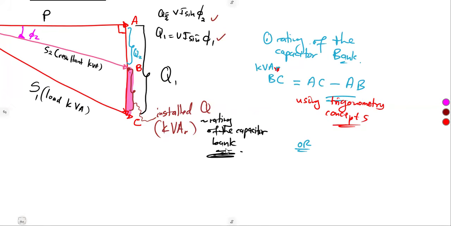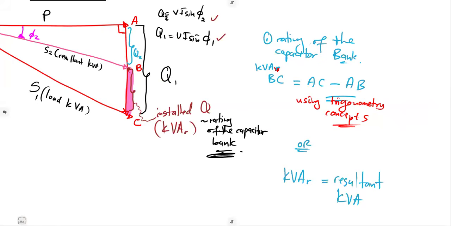Of the capacitor bank. We can also calculate the same KVA reactive from this formula, which states that it is going to be resultant, take note, resultant kilovolt ampere, this one.